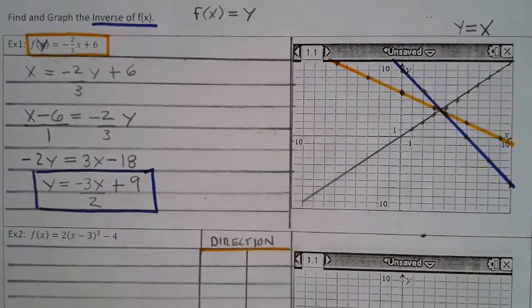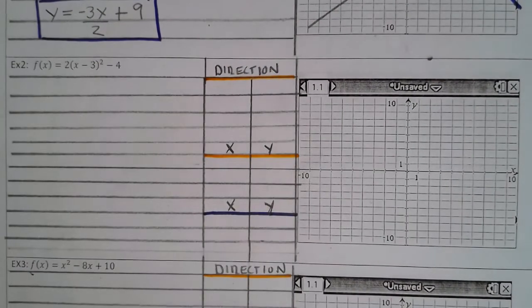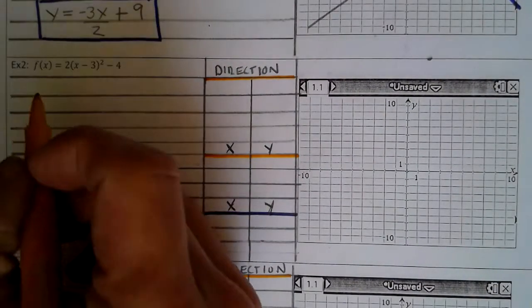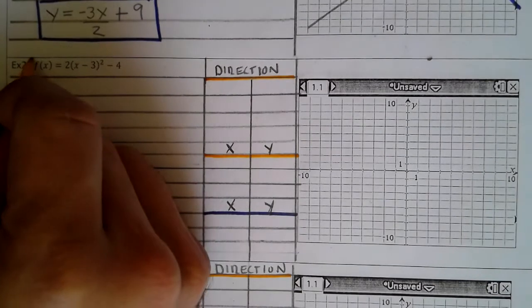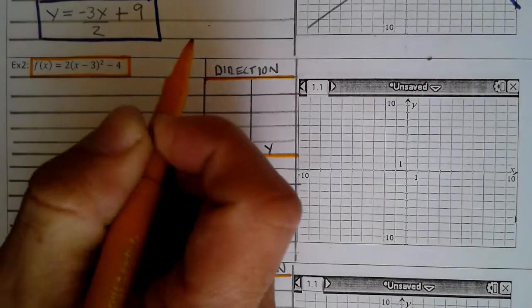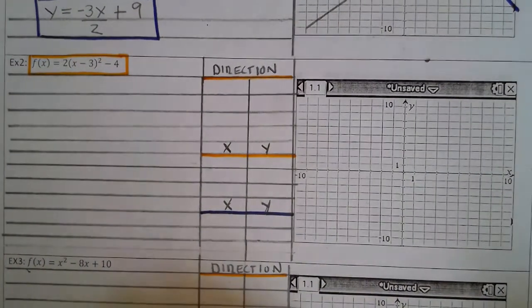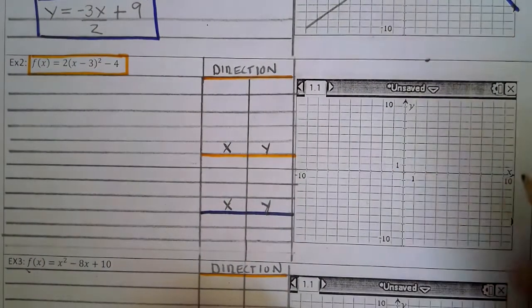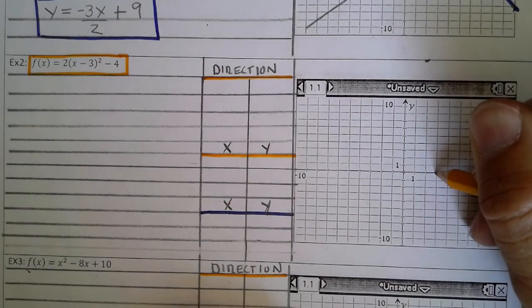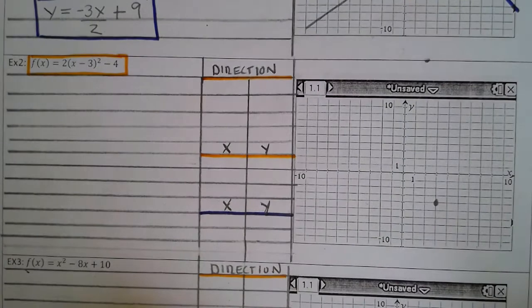All right, now let's take a look at example 2. All right, so again, we're going to graph the function in yellow. All right, so we start at the vertex, to the right 1, 2, 3, down 1, 2, 3, 4. So we graph by direction.